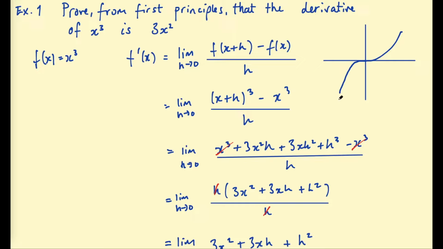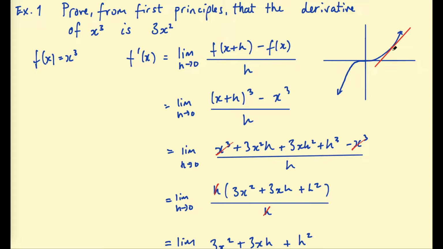It has the triple 0 at 0, 0. The derivative f dash of x is the function of the gradient. So let's say we wanted the gradient of the curve at this point here, whatever that is. F dash x, or the derivative, is giving us the gradient of the tangent at that point, or the gradient of the curve at that one point.